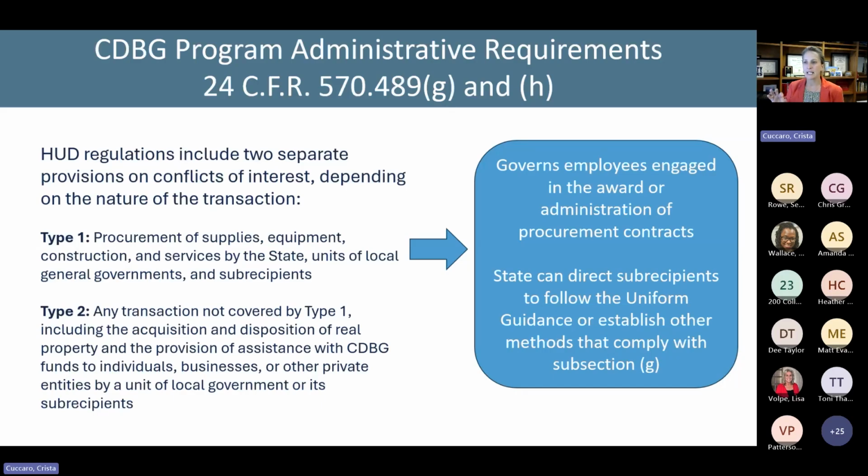So my guess is that we'll probably end up with a Uniform Guidance procurement conflict of interest type regulation.